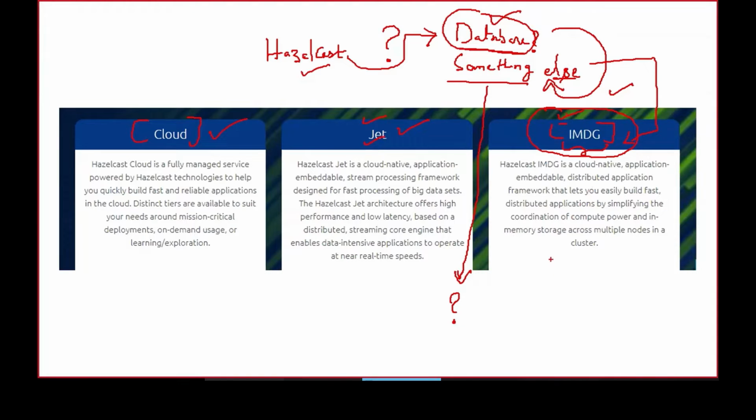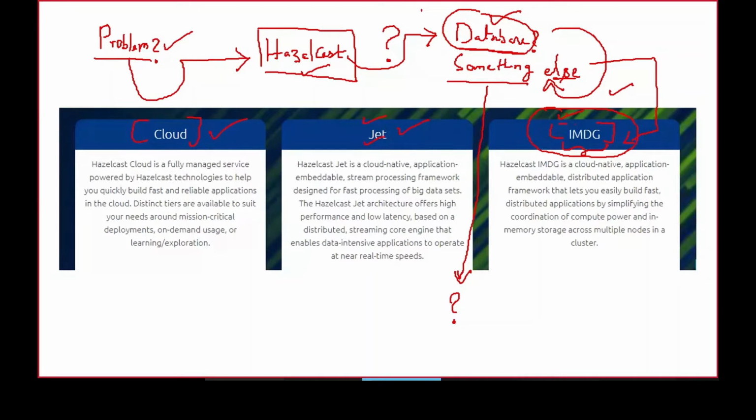So what I'll do is, first of all, I'll put forward what IMDG is. Before I go ahead with IMDG, I told you that if you want to understand a product, you need to understand what kind of problems exist in the market and what problems this particular solution or product is addressing.